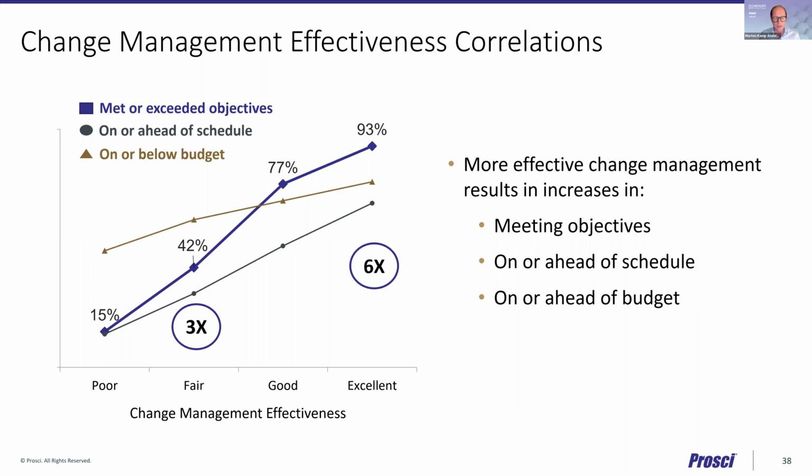It's going to make me miss my budget. Well, I can understand that initial reaction because it feels like we're going to spend more time and effort on this. But remember the two costly letters R and E. Now, what we actually see in our data is that if we do change management, we actually do it faster and we actually do it below budget because we don't have these R and E costs associated.